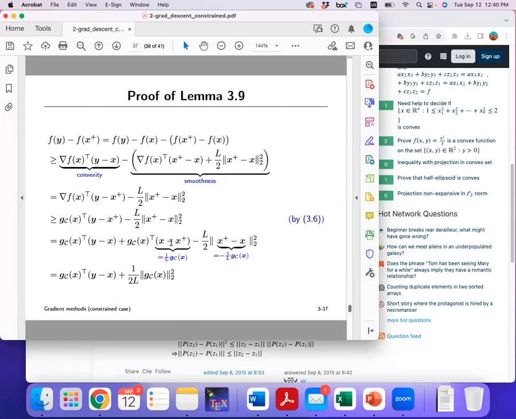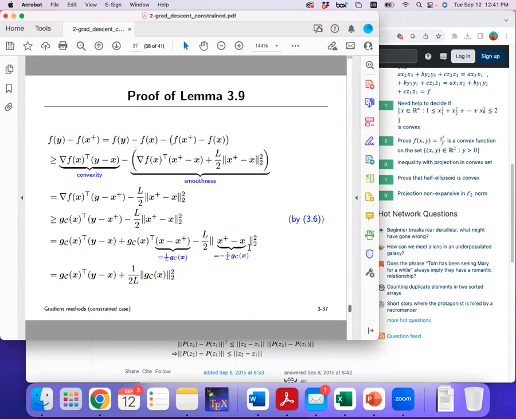So basically x minus x plus, these two difference terms, are directly equal to 1 over L times GCX. So you plug it in, and the last two terms can be combined together. After calculation, these two terms combined give 1 over 2L times the L2 norm of GCX to the power of 2.